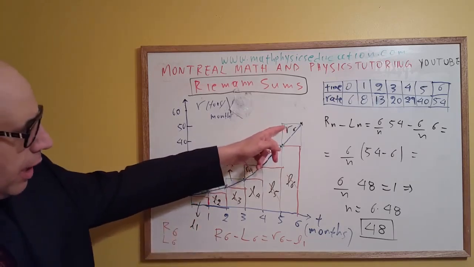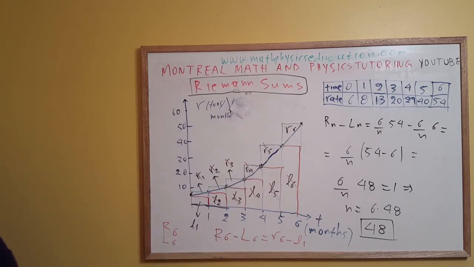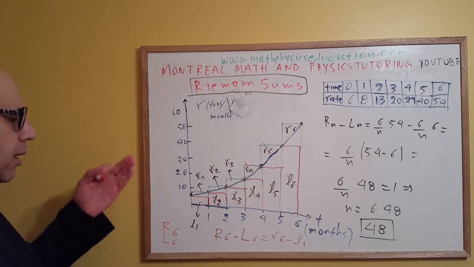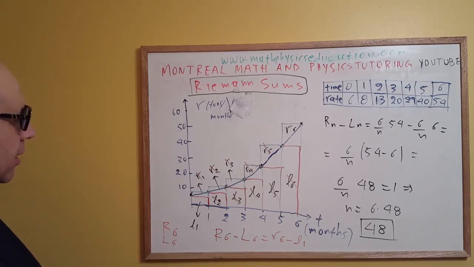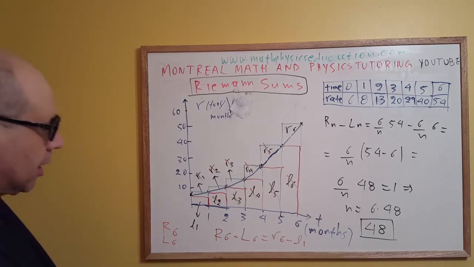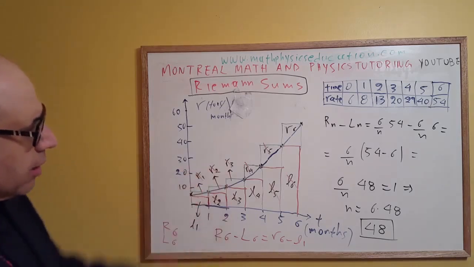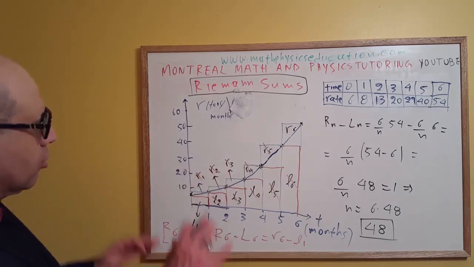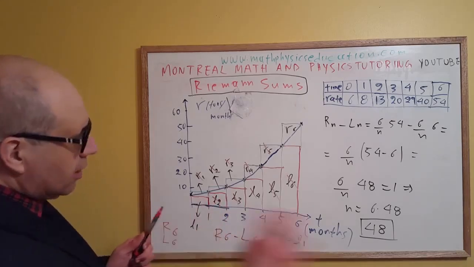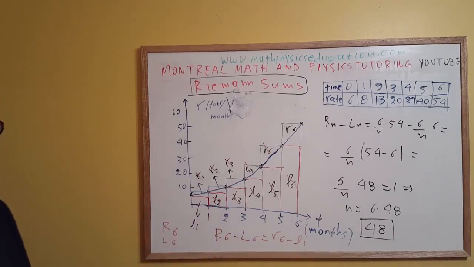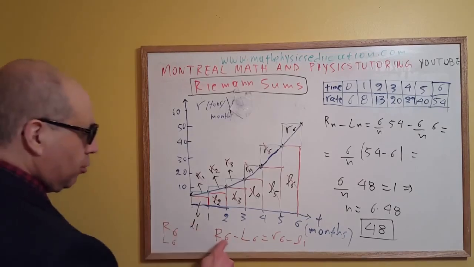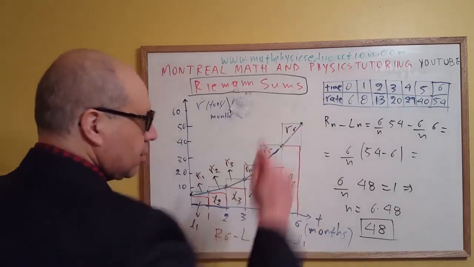The R6 is from the right-hand Riemann sum, and the L1 is from the left-side Riemann sum. Why did I do all this? Because I want to show you that it doesn't matter how much this will be, or this.